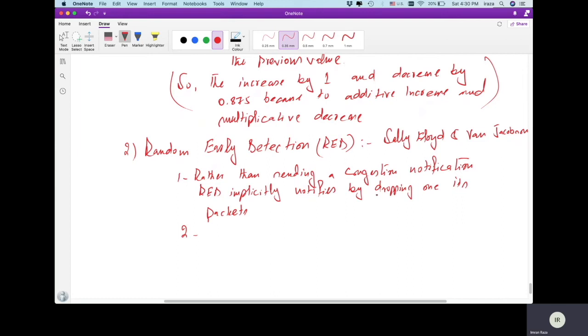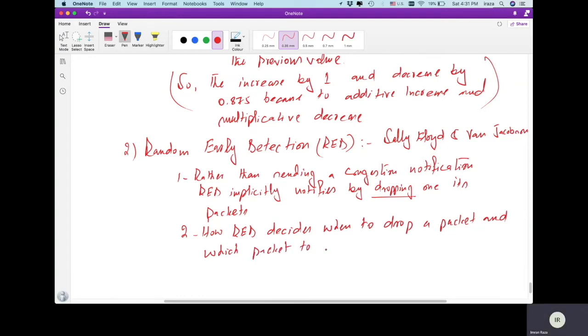So if it has to do packet dropping, then the question is how RED decides, number one, when to drop a packet, and number two, which packet to drop.